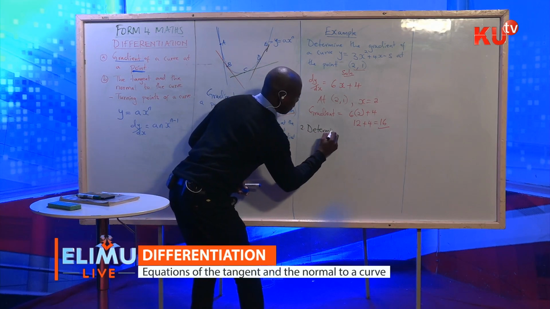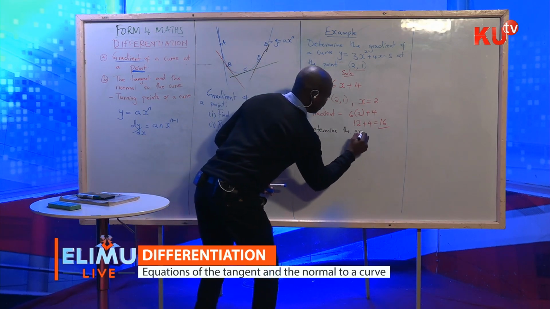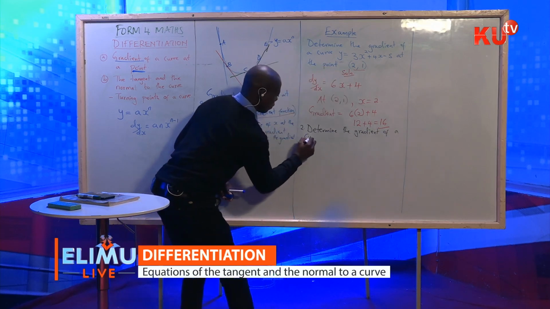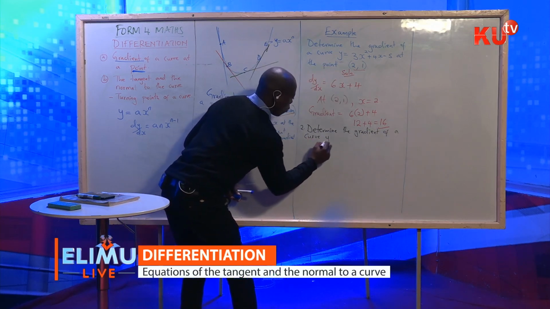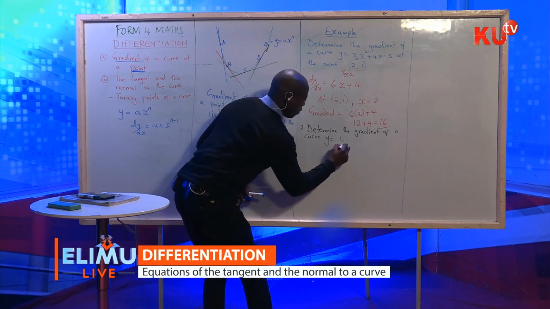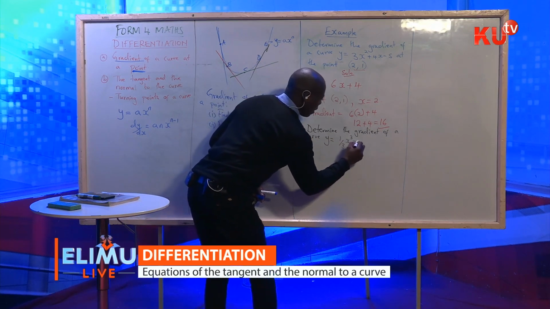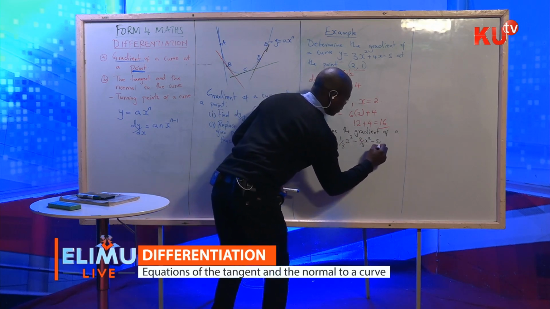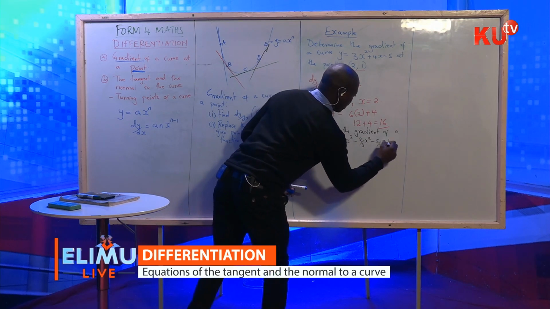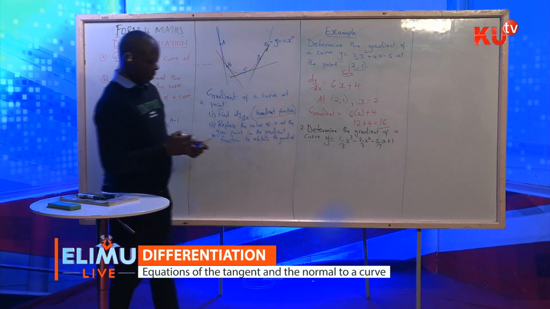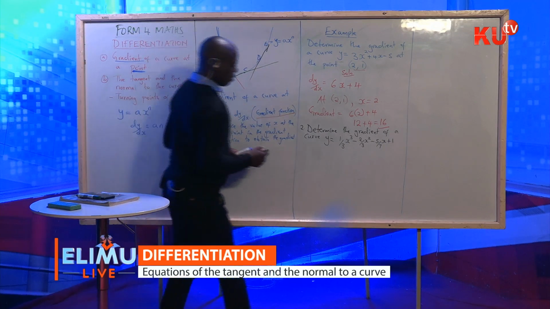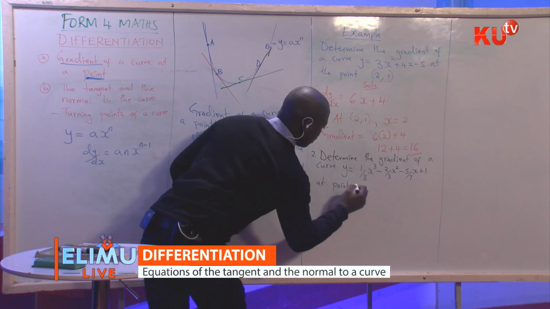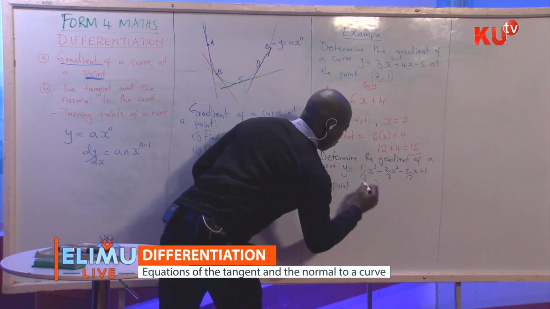Determine the gradient of a curve y is equals to 1 over 3x power 3 less 2 over 3x squared minus 5 over 7x plus 1. We determine the gradient of the curve at the point 0, negative 1.